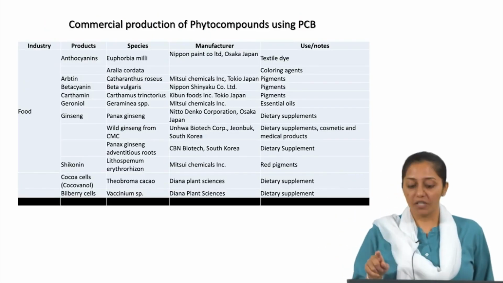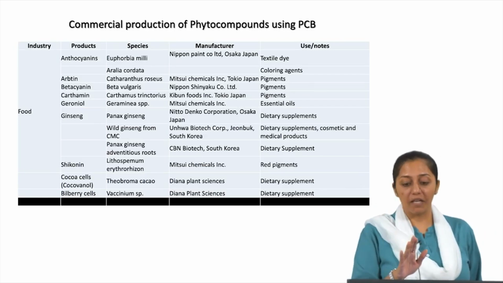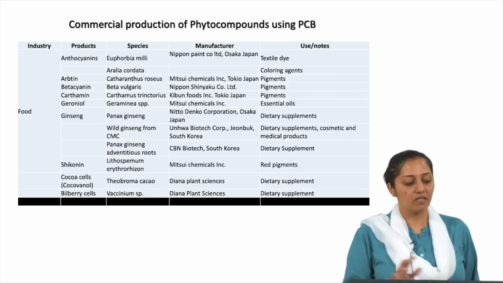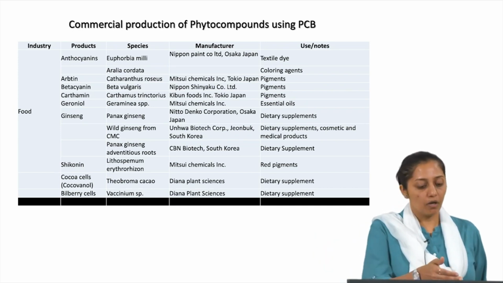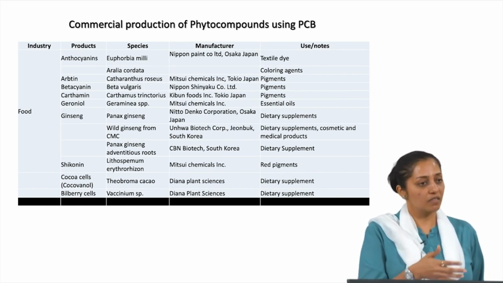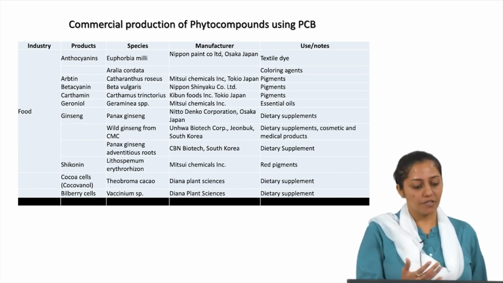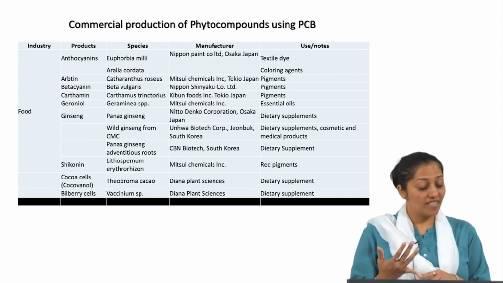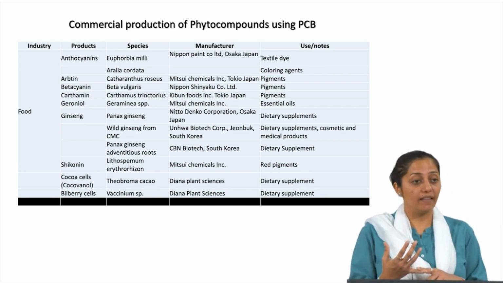Now, some of the commercial productions which are happening for the phytochemicals using plant cell based bioprocesses are these. Your anthocyanins, betacyanins, so these can be pigments, coloring agents, flavoring agents, so there are different kinds. Betacyanin, carthamin, geraniol, ginseng, for good health. Shikonin, it's a coloring agent.